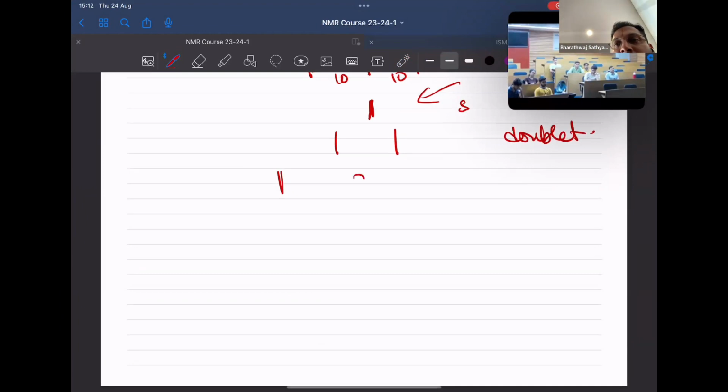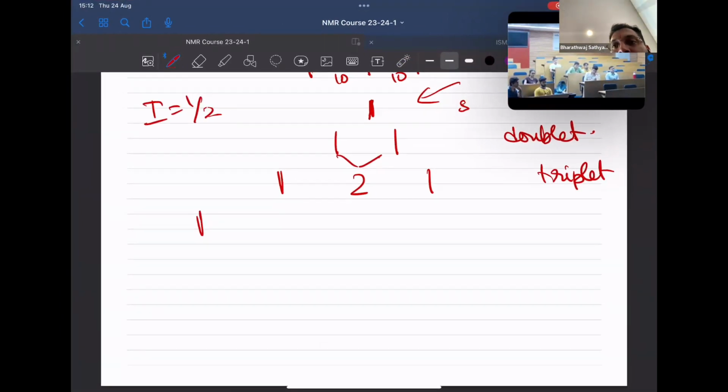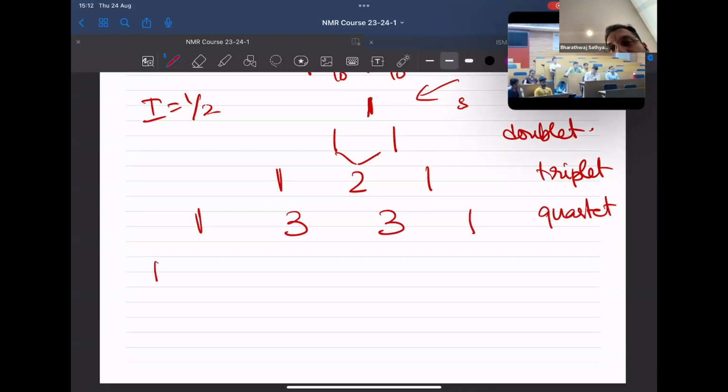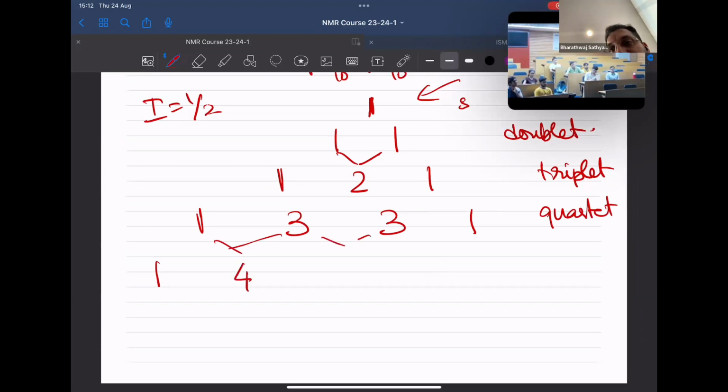And when you have two, it comes up as a 1:2:1, which is a triplet. We are talking about I equal to spin half partners. And if you have 3 of them, you're going to get a 1:3:3:1 quartet, 1:4:6:4:1 quintet, and so on.